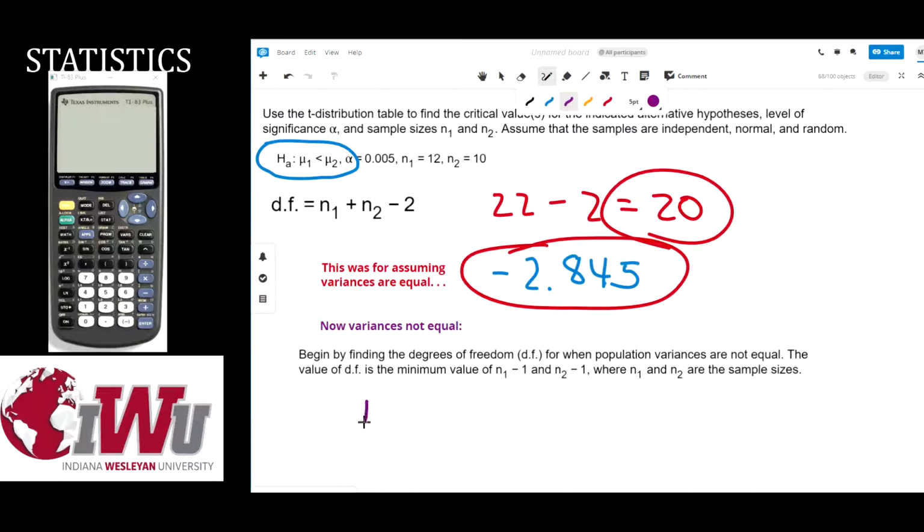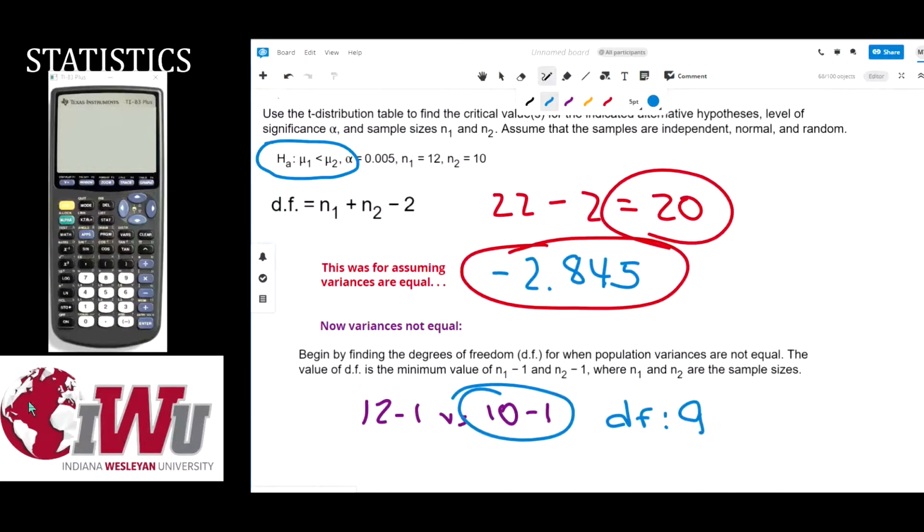We have 12 minus 1 and 10 minus 1. Obviously, 10 minus 1 is going to be smaller. So the degrees of freedom here are going to be 9.